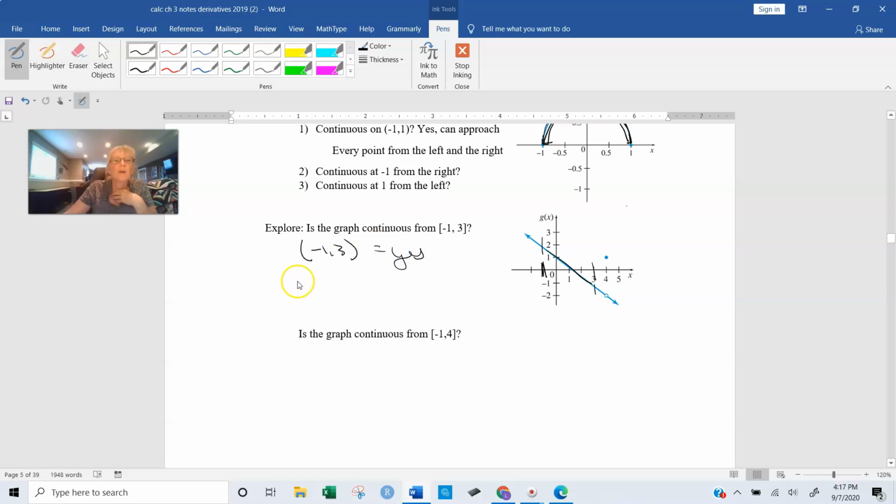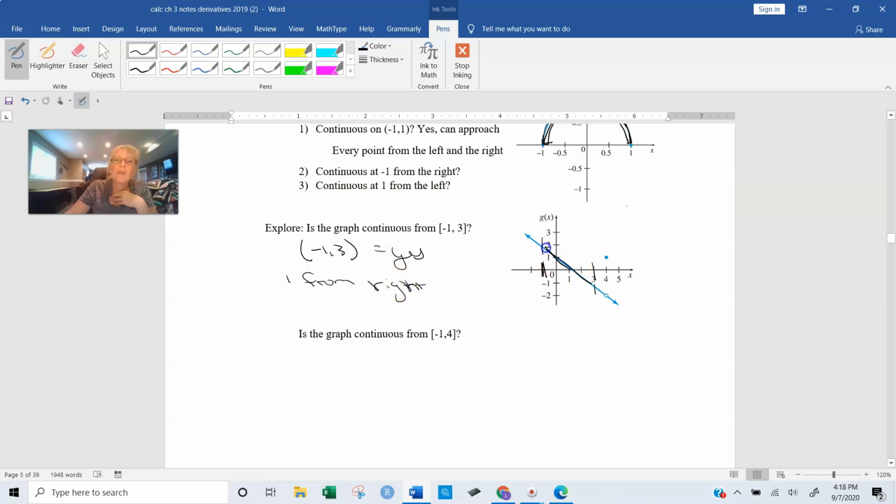Okay, so as we approach -1 from the left. I'm sorry, from the right. I don't know my left and right today. Okay, is it continuous? The answer is yes.